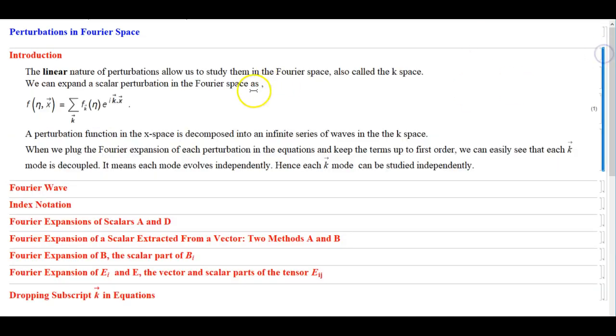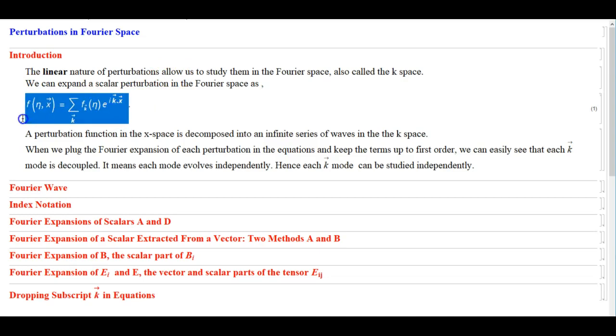Now, every perturbation can be expanded in the Fourier space like this. And why do we want to look at perturbations in the Fourier space? First thing is that we are looking at linear perturbations.